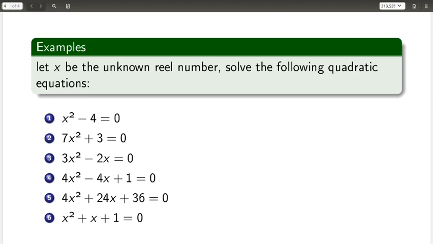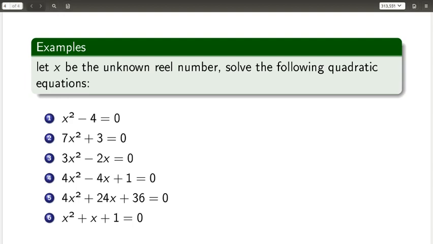We remark that the expression 4x squared minus 4x plus 1 is in the form of the second remarkable identity, which is a minus b squared equal to a squared minus 2ab plus b squared. In this case, a is exactly 2x and b is simply 1.